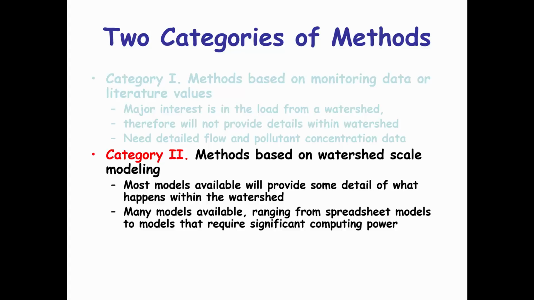And of course, there's lots of models that are available, and I'll be describing some of those in the next slide presentation or next video. And these methods range anywhere from simple spreadsheet models all the way up to models that really require significant computing power. And we'll be looking at some of those models during the semester.